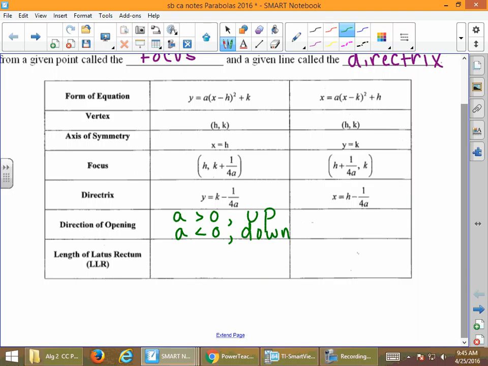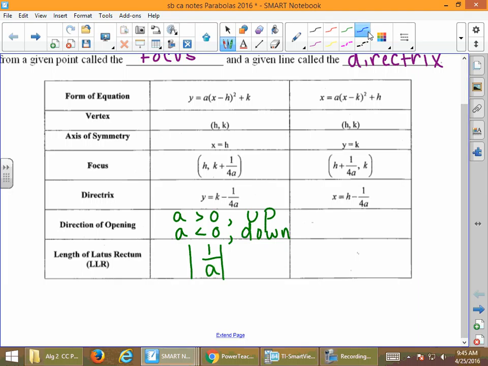It gives us a way of comparing one parabola to another. And the way that we calculate the LLR is we take the absolute value of 1 over a, so the a from the formula in vertex form.